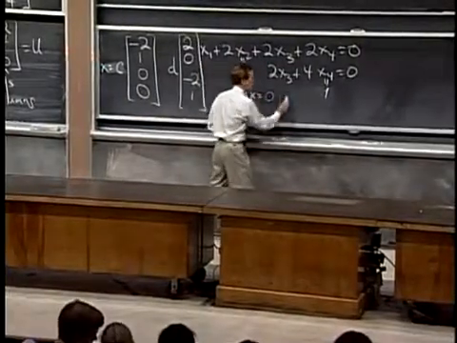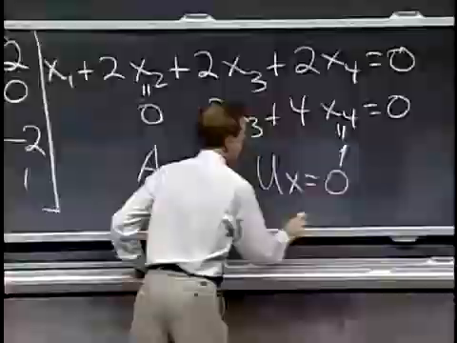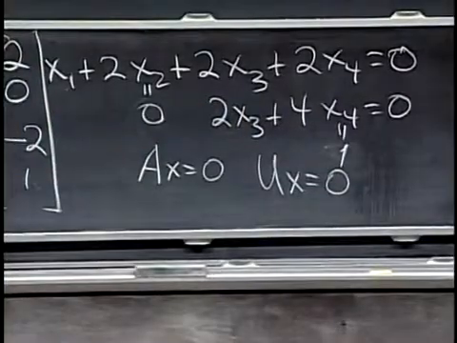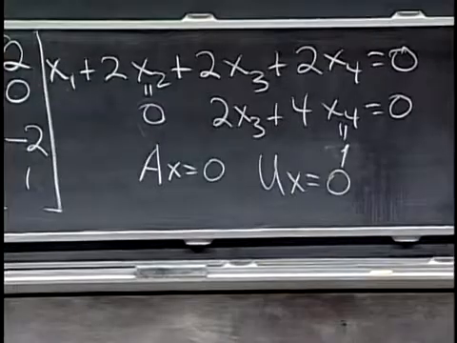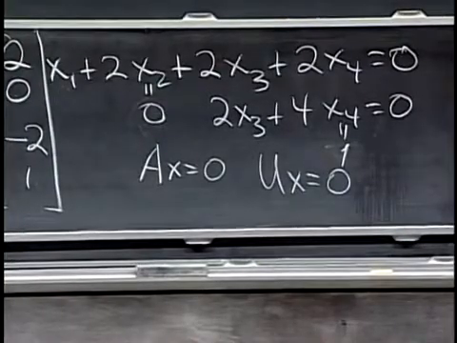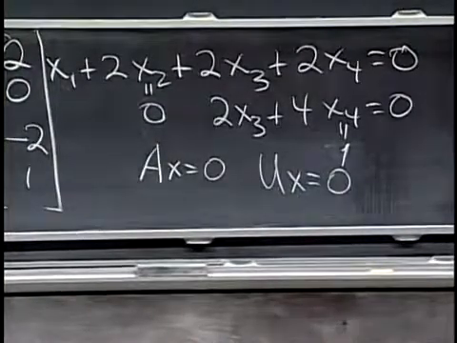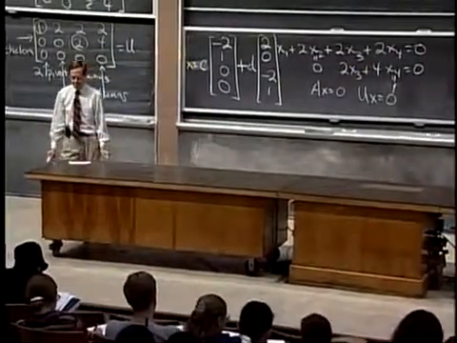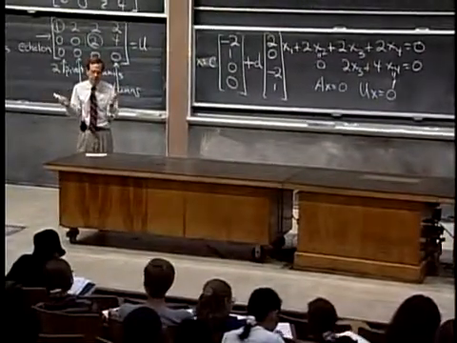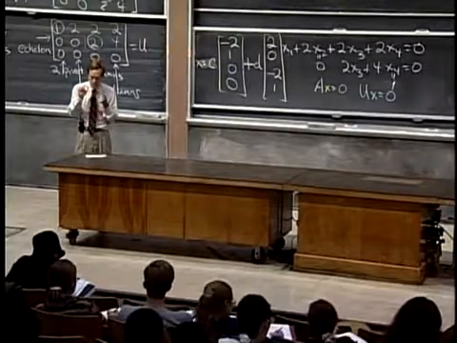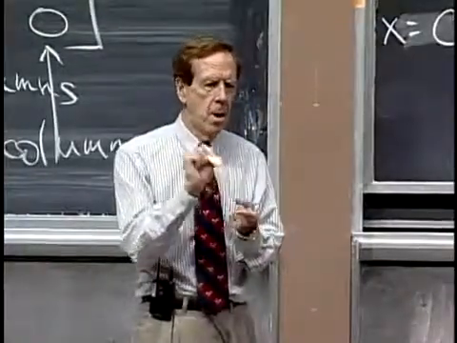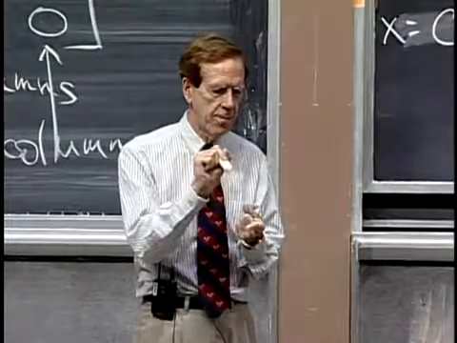Well, really, I'm solving Ux equals 0. Well, okay, let me put in that crucial plus sign. I'm taking all the combinations of my two special solutions. That's my conclusion now. The null space contains exactly all the combinations of the special solutions.